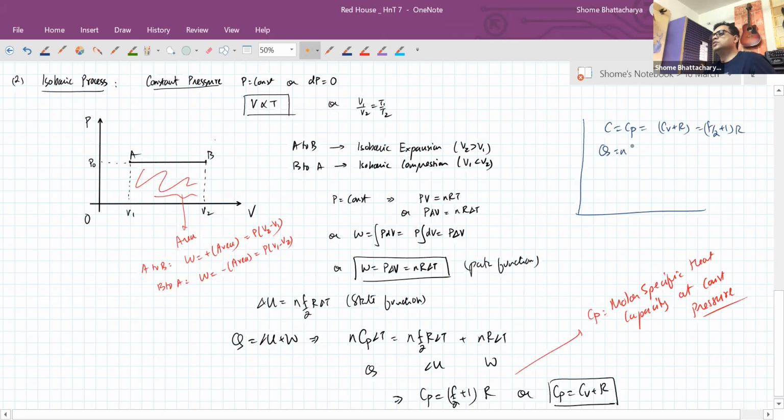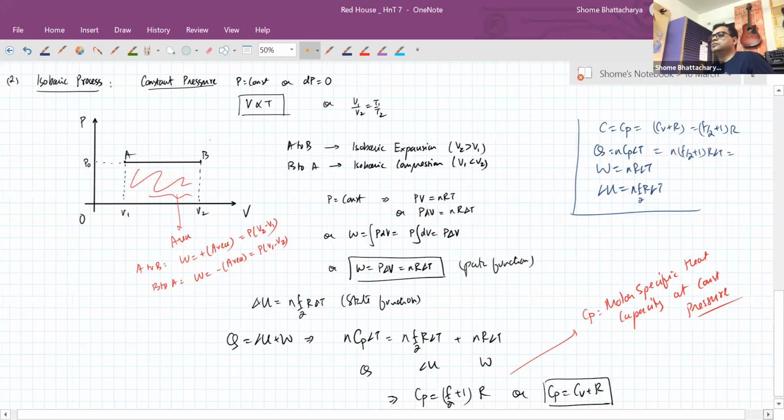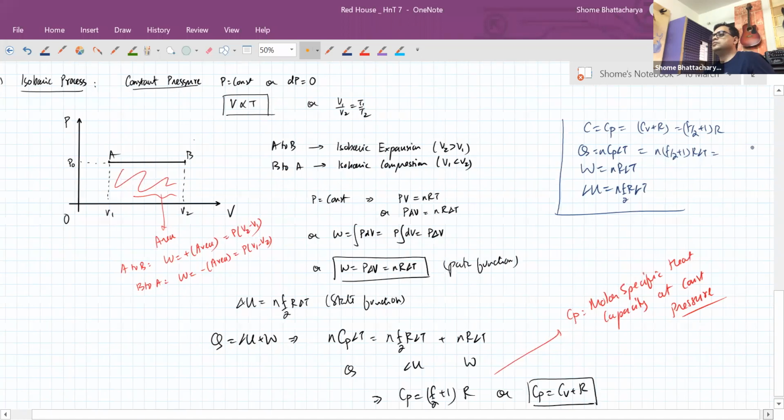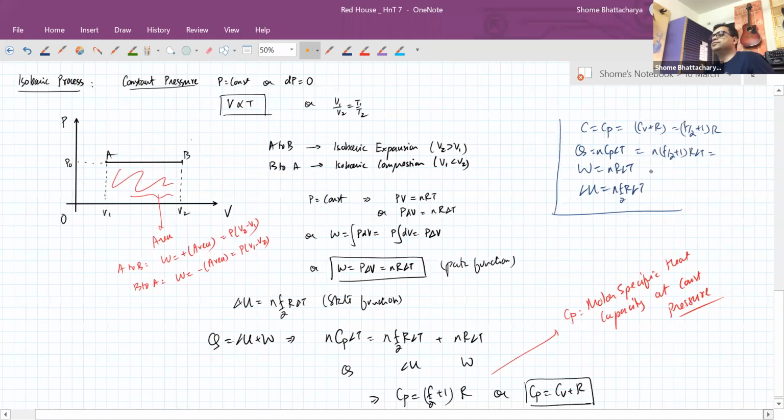Okay, so for isobaric process, the molar specific heat capacity is Cp, which is Cv plus R, or F by 2 plus 1 into R. So Q is equal to nCp delta T, W is equal to nR delta T, and delta U is equal to nF by 2 R delta T. So this can also be written as this term.